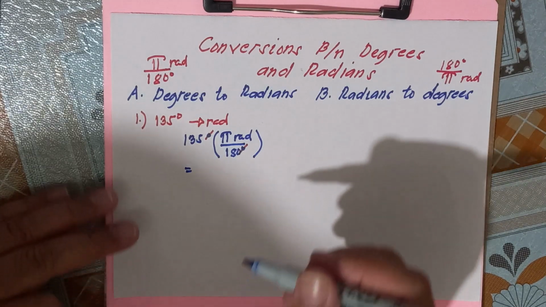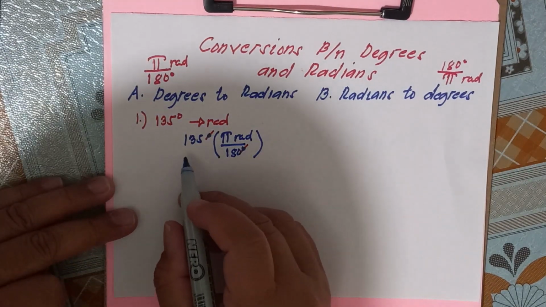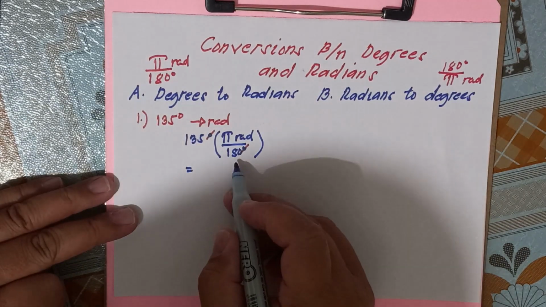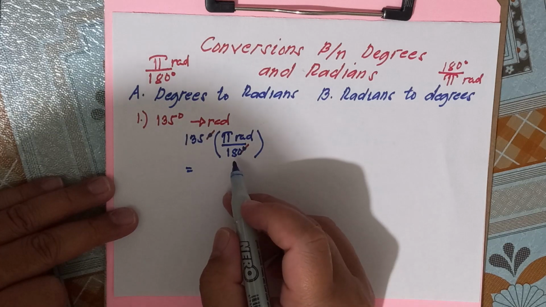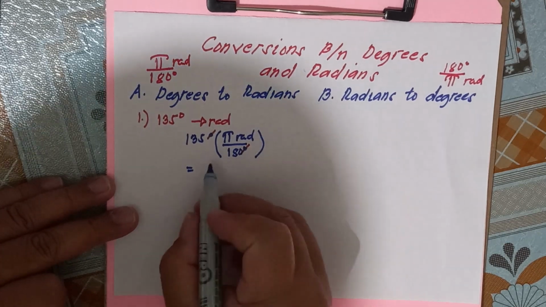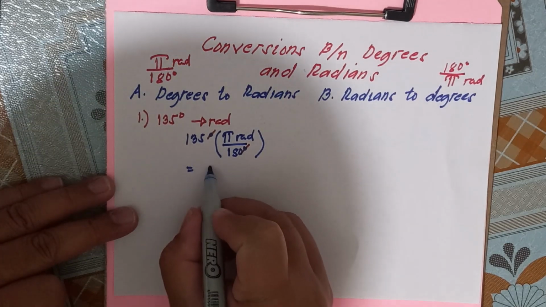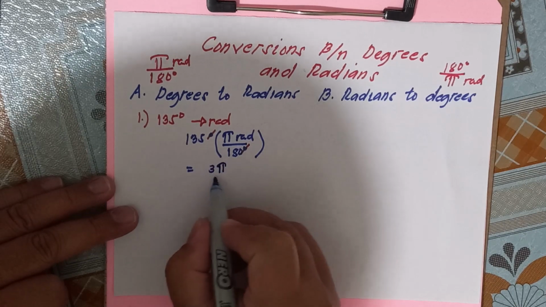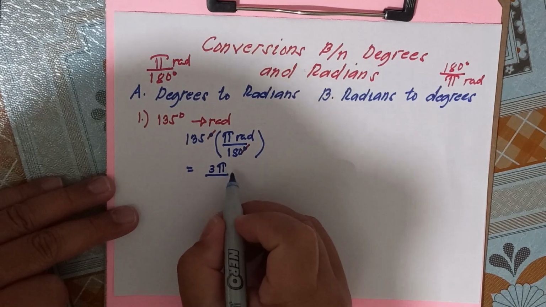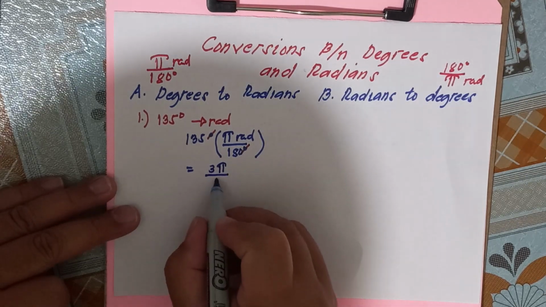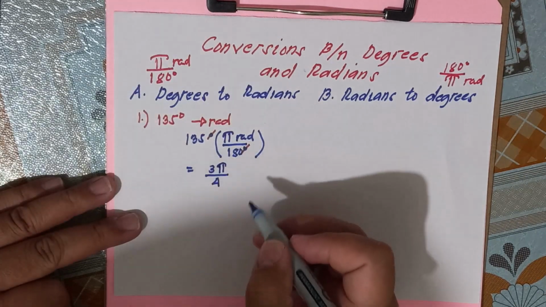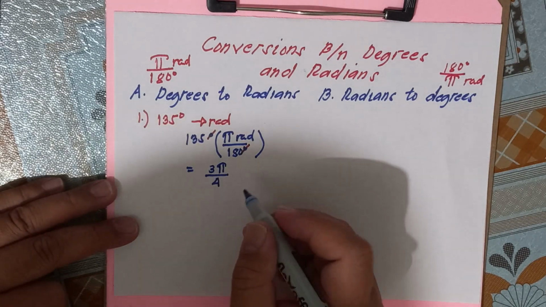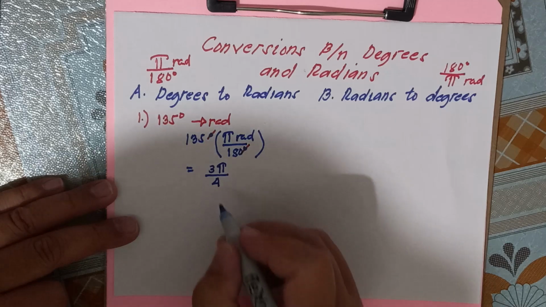And when we divide 135 over 180, we can just reduce it, and that is the same as 3 pi rad over 4, or we just say 3 pi over 4.